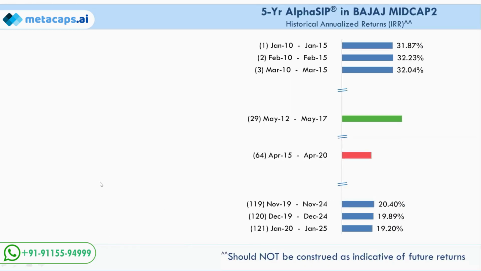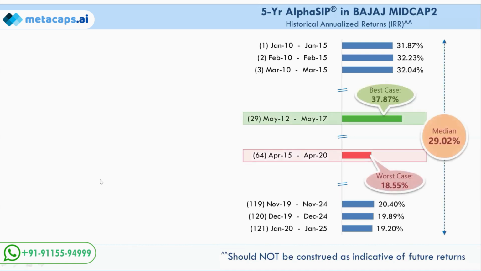I've covered this in the historical performance video, I'll just show you that slide once again. So this is the historical performance of a 5-year SIP with a Bajaj mid cap fund on the equity side, and Bajaj bond fund on the debt side.